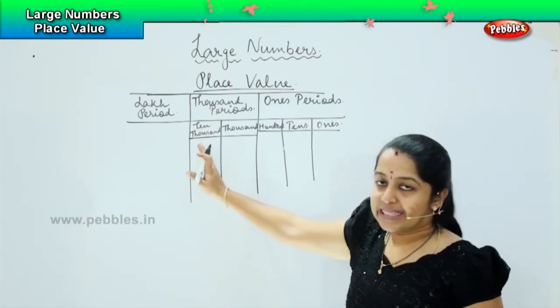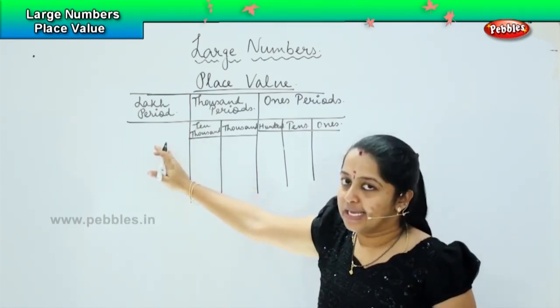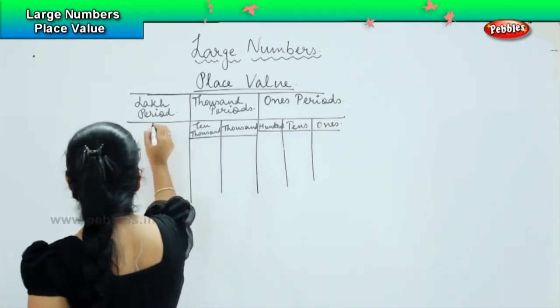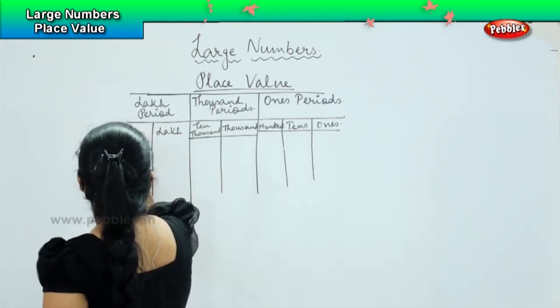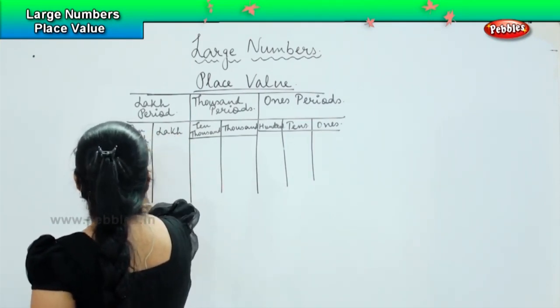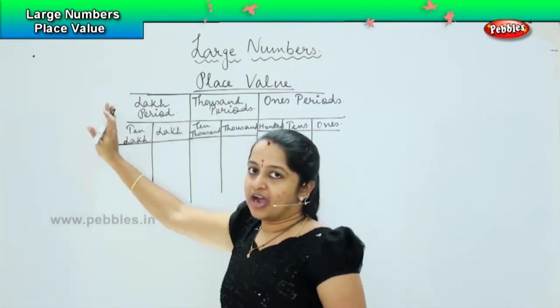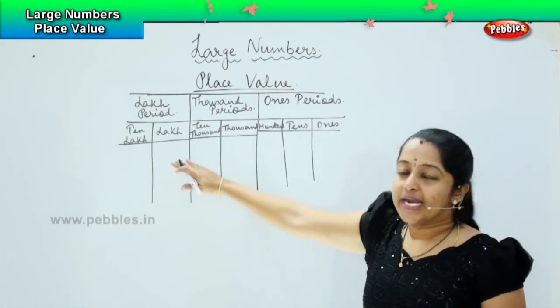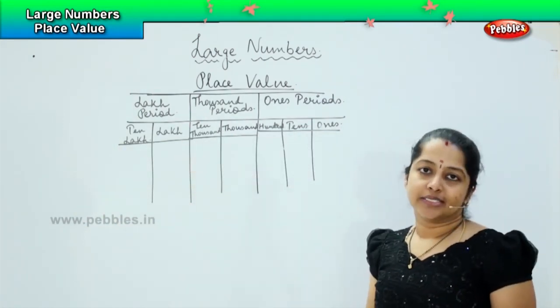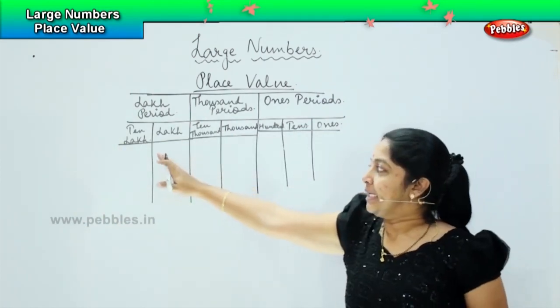Once 10,000 is over, the next thing is the lakh, which is again divided as lakh and 10 lakh. Similarly, after this it will go to crores. Since we are dealing only with lakh in this unit, we will only be learning till the lakh period.